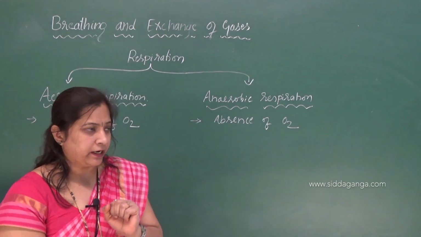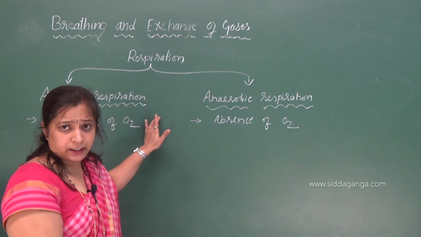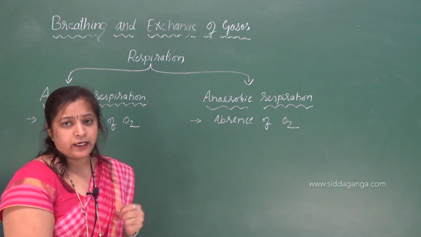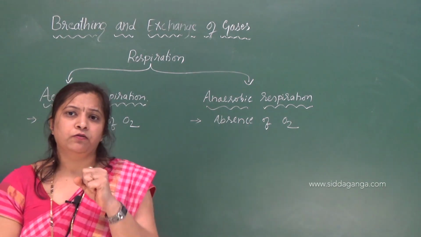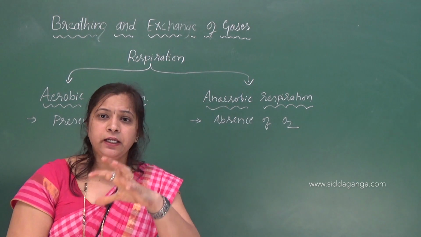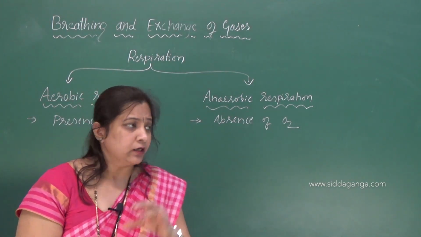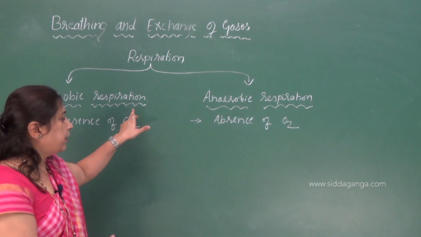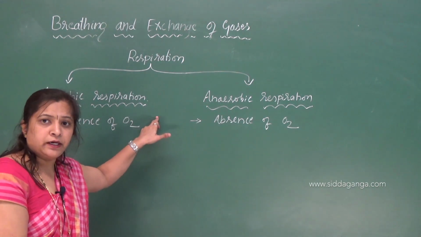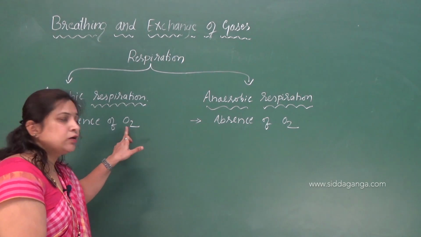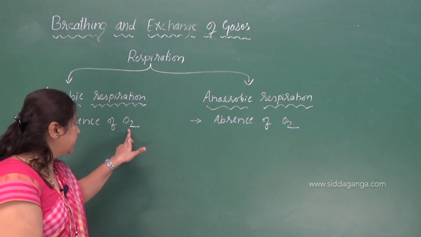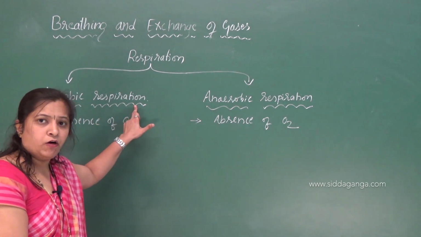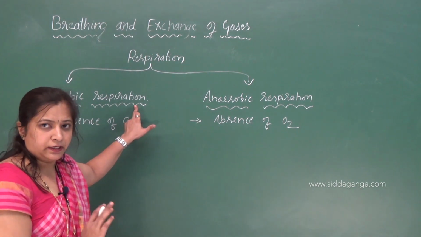Okay, so I'll repeat once again. In aerobic respiration, when the food is oxidized in presence of oxygen, then it is called aerobic respiration. The breakdown of organic nutrients requires oxygen.